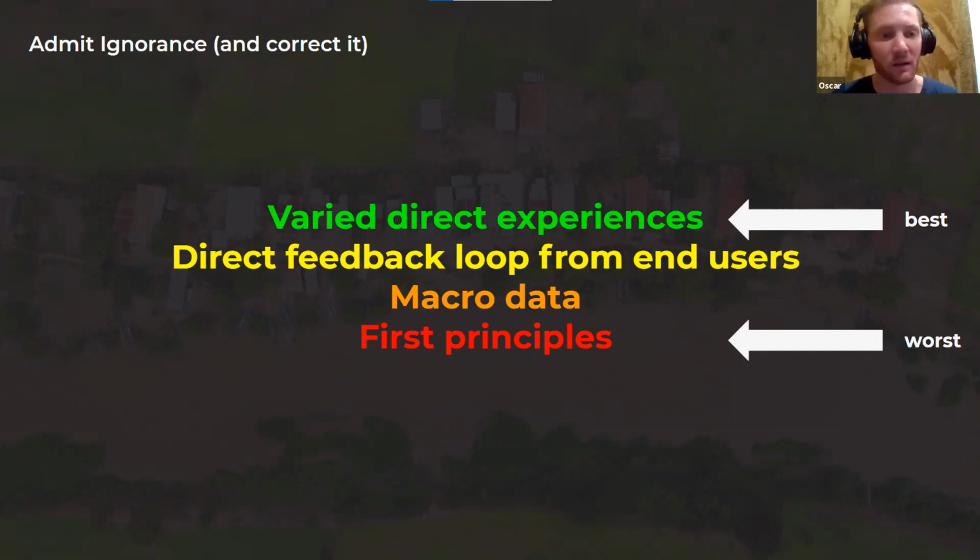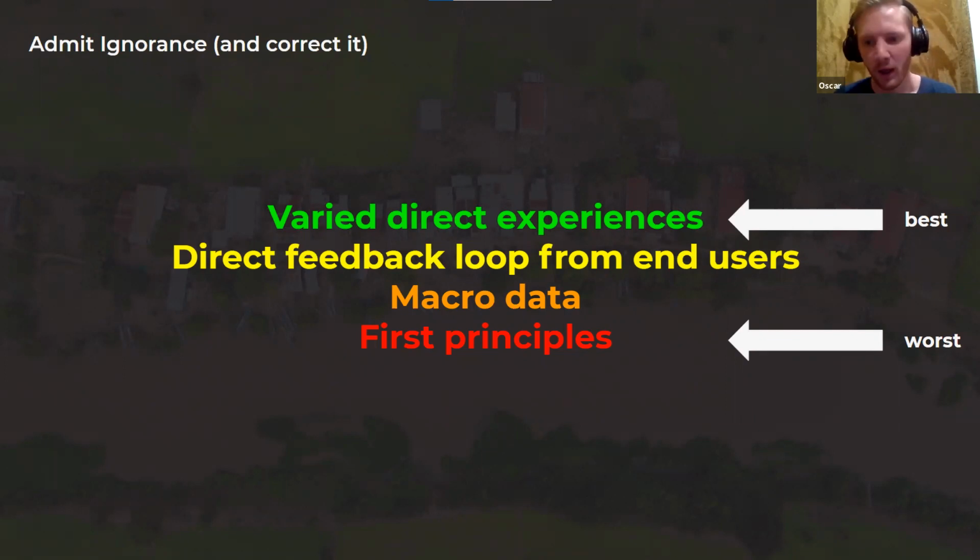The next best thing is to have a direct and continuous feedback loop from your end users to be getting that information. If you don't have that, the next best thing is to have some level of macro data about your end users. So, X% of women in this country spend Y hours per day collecting firewood, for example.